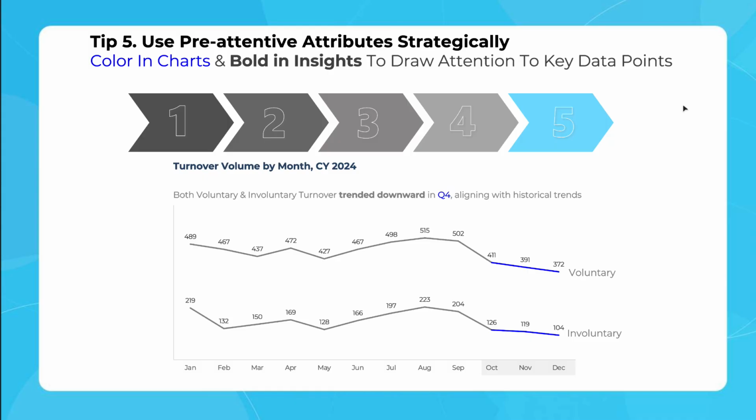And then finally, use pre-attentive attributes strategically. There are many pre-attentive attributes. We're just going to focus on color and bold today, but things like different sizes, underlining, orientation, things like that are also pre-attentive attributes.